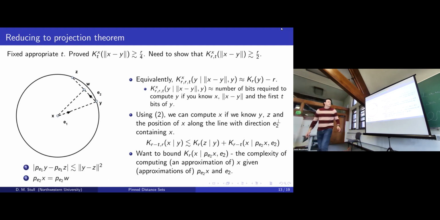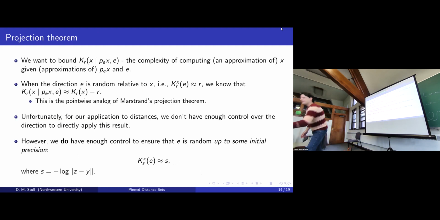However, we do know something about it. We do know that the direction is random up to a certain point, so it has a high initial complexity. After some precision, it could be totally non-random.